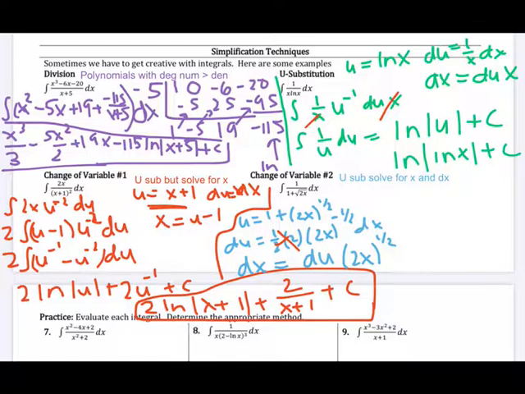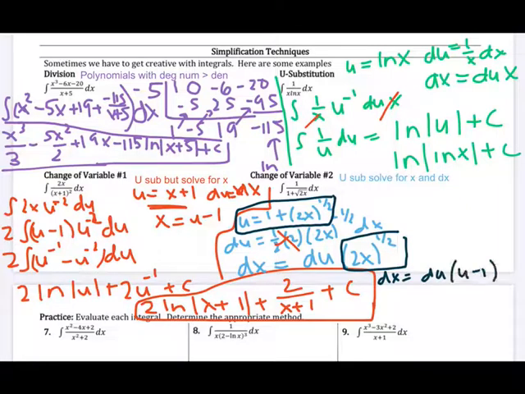So what I can do is, this is a part of what I defined u to be. So look up here, u is equal to 1 plus that, which means that this is equal to u minus 1. So I can actually say that dx is equal to du times u minus 1. That is a substitution I can now complete and have everything in the integral in terms of u. So let's rewrite this integral.